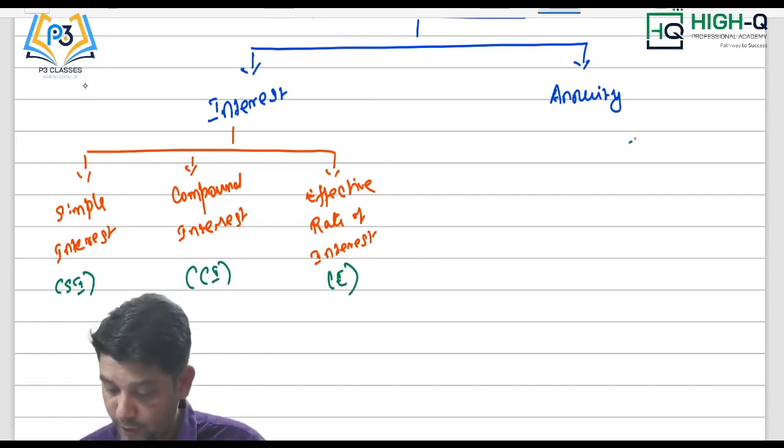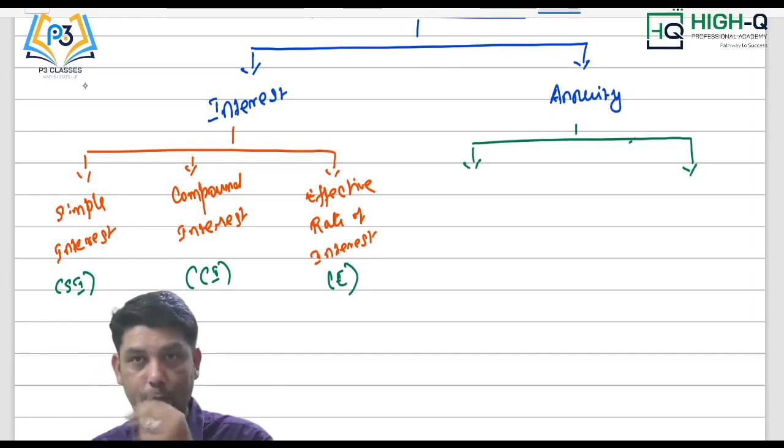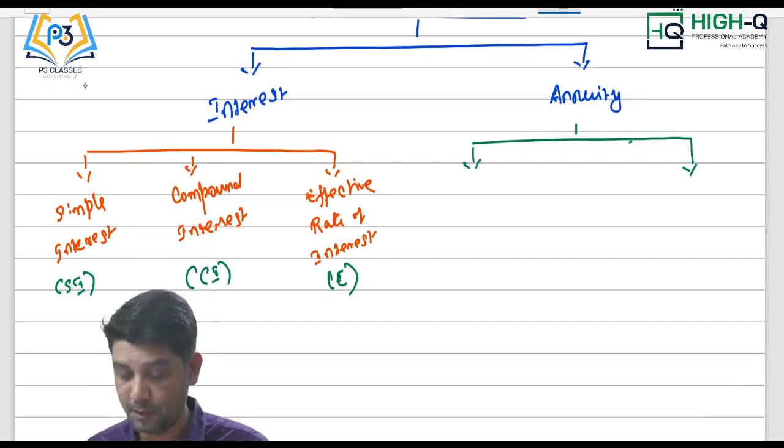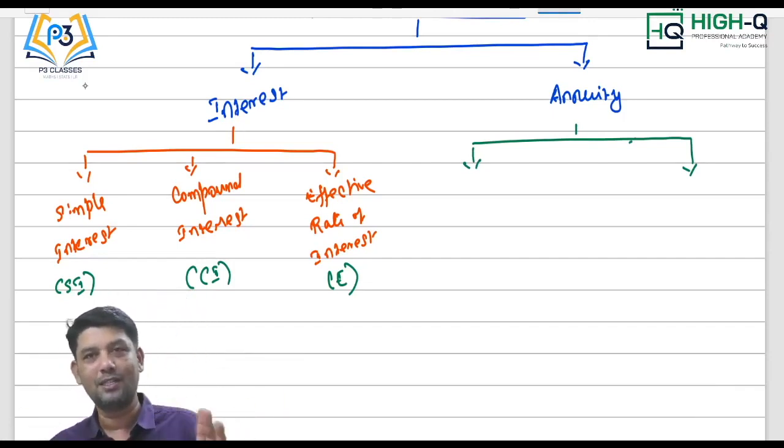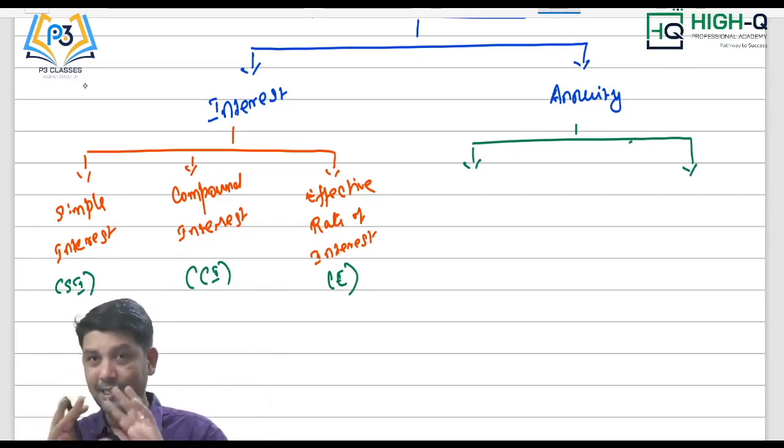As far as annuity is concerned, we have two types of problems we are going to face. I'm not here to explain what is meant by interest or what is meant by annuity, because you know what they are. So let us not talk about those parts again and again. Only exam-oriented things we are going to discuss.